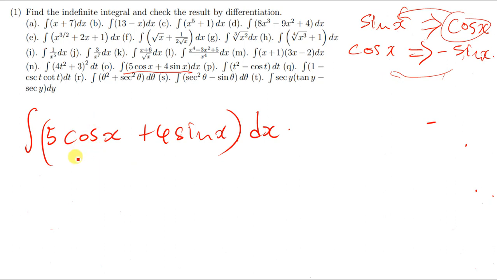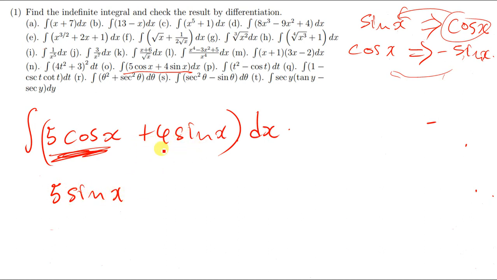So when you integrate the first part here, when you integrate cos, you're going to get sine. So the first part here will give us 5 sine x.